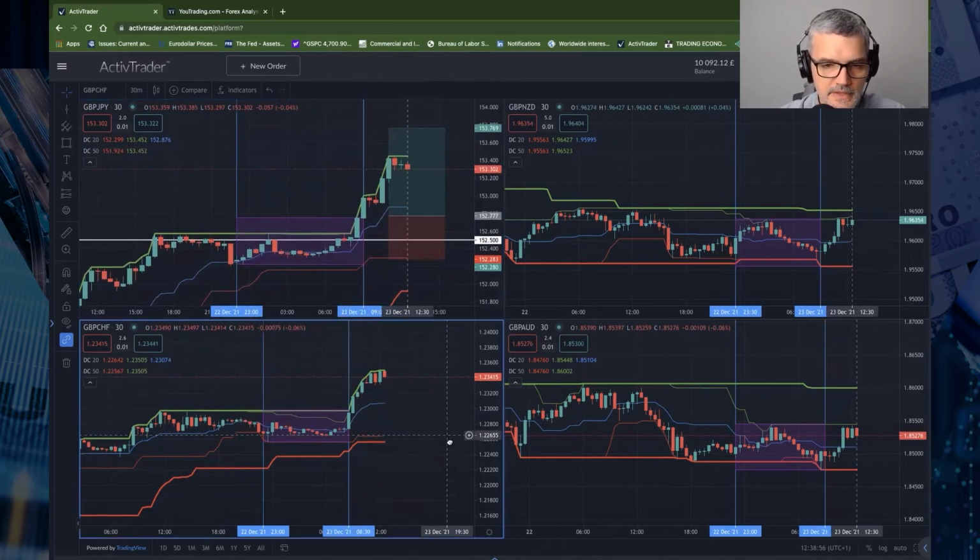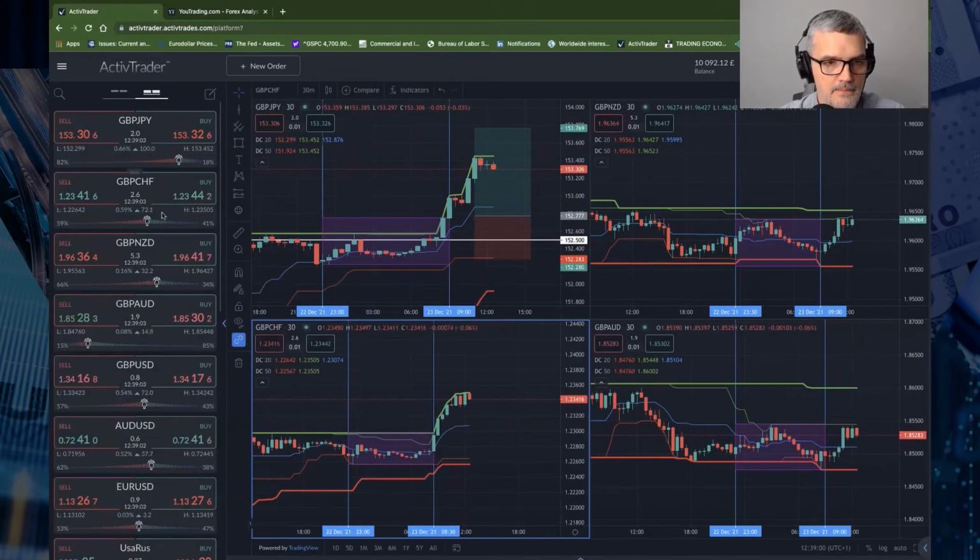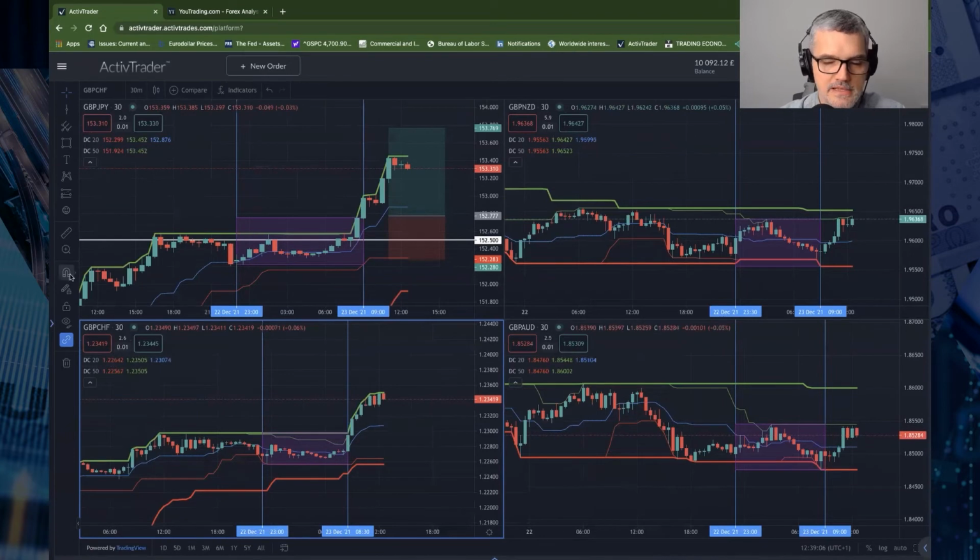Down here, same again. Go to the sentiment indicator, pound versus Swiss. Most of the traders were trying to short the pound today versus the Swiss franc. Obviously, there's a lot of talk around Omicron disruptions, and sentiment's not great in the world.